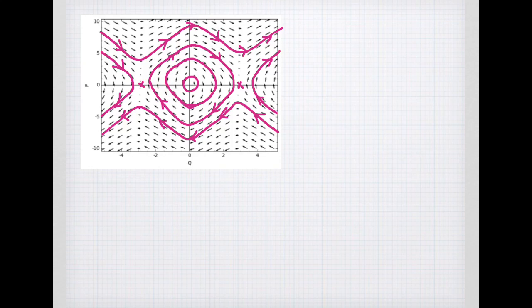So let's think about what some of these others are doing. This trajectory on the left, if I imagine where I start, my q variable increases until I cross the axis, and then I decrease, whereas my p variable is just steadily decreasing.